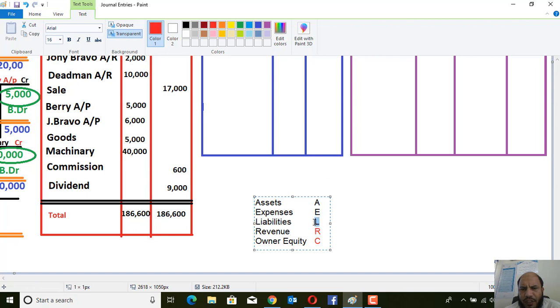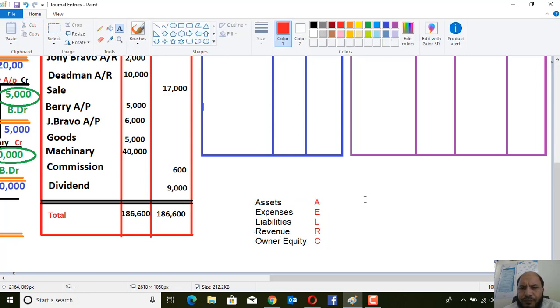We have five major accounts and we will nominate every one. This is only for your learning purpose. We will use these titles. So remember that A stands for asset, E stands for expenses, L stands for liability, R stands for revenue, and C stands for owner equity.